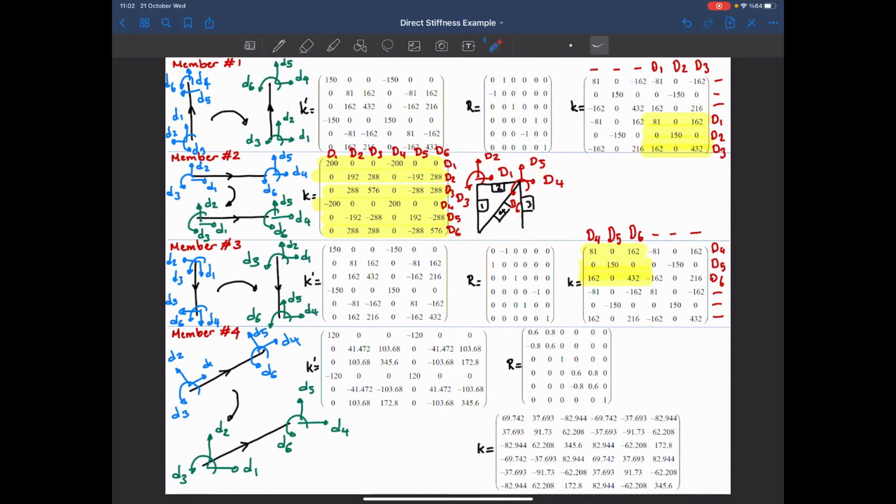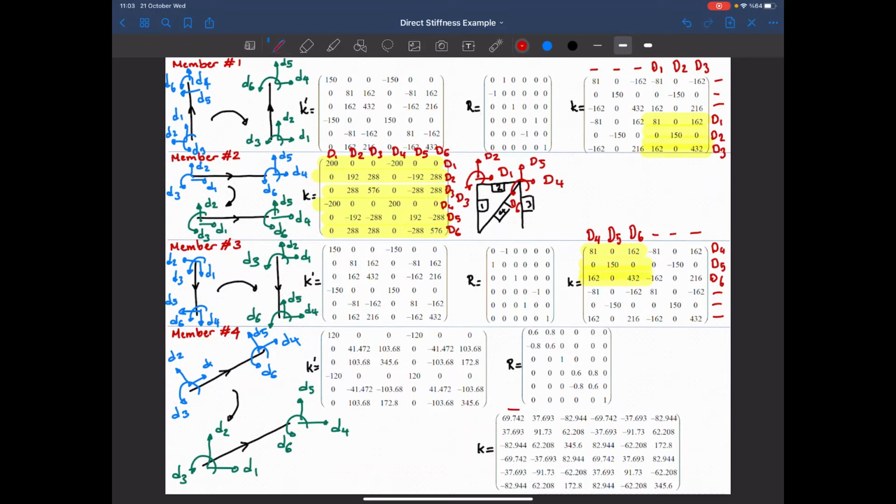So as a final step, let's take a look at the fourth member again. For the fourth member, the fourth, fifth, and sixth degrees of freedom again correspond to the fourth, fifth, and sixth degrees of freedom of the whole structure.